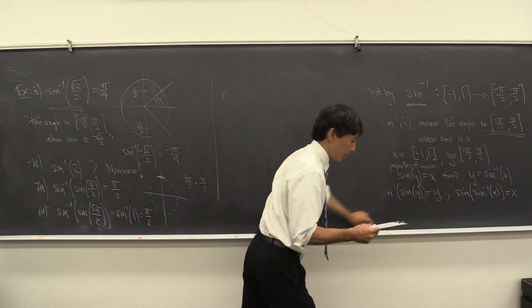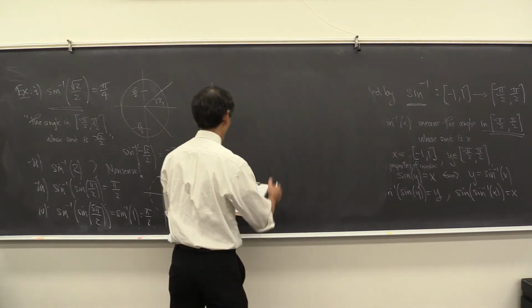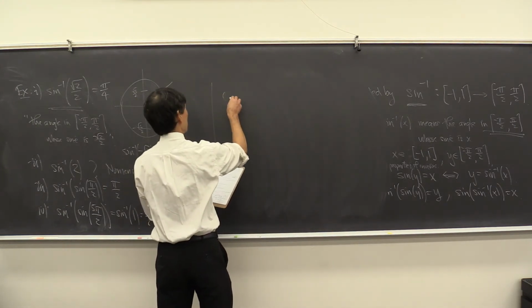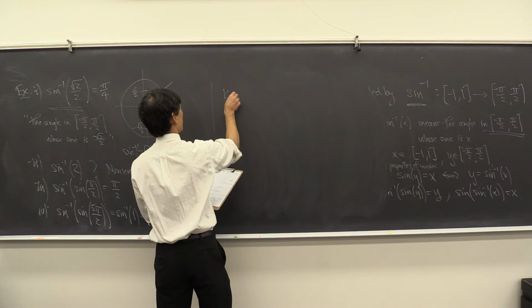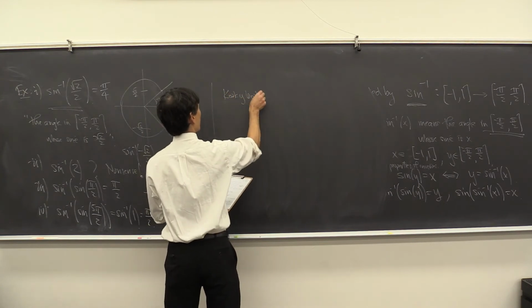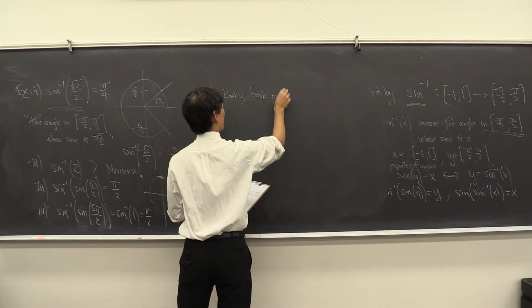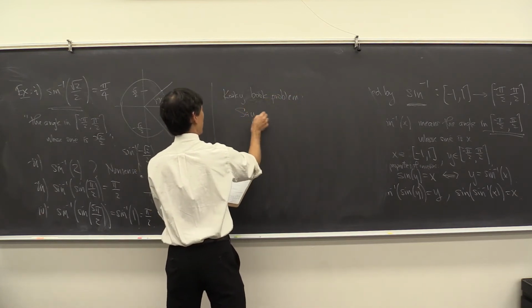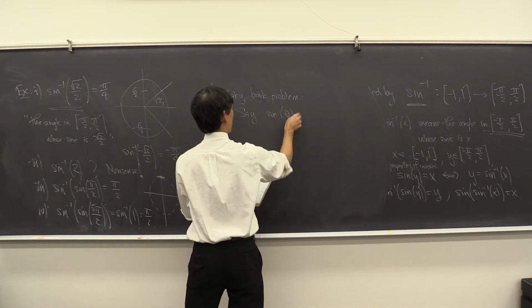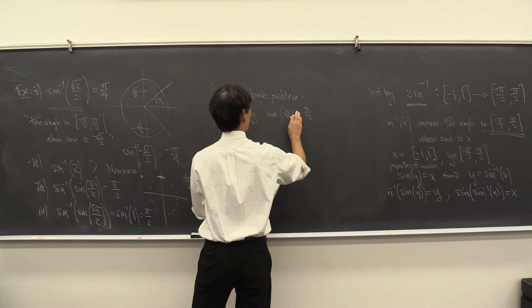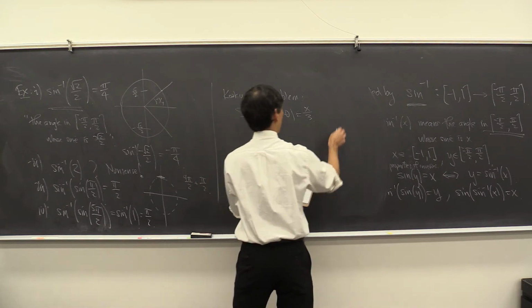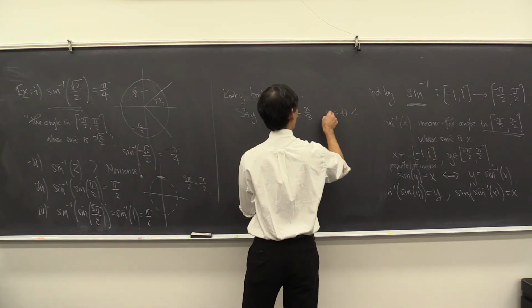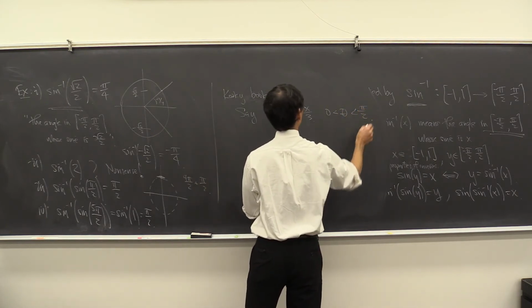Let me do a kind of kookier example from the book. So here is the kooky book problem. It says, suppose you know that the sine of theta is x over 3, and that theta lies between 0 and pi over 2.